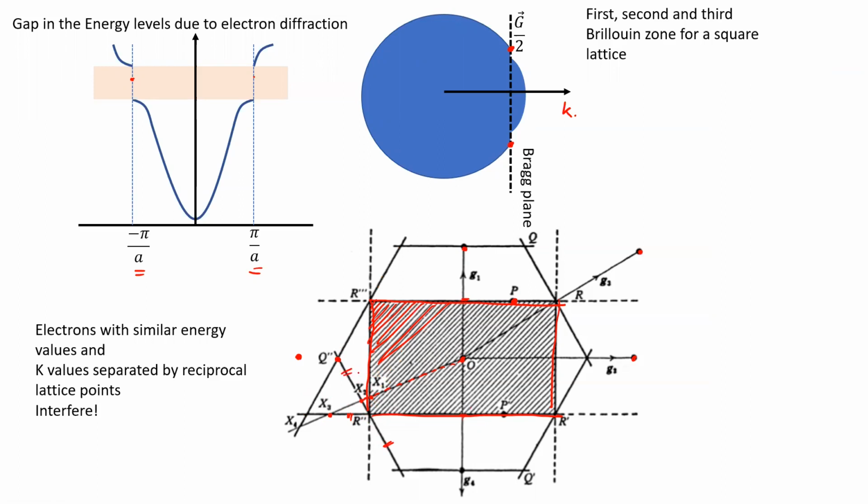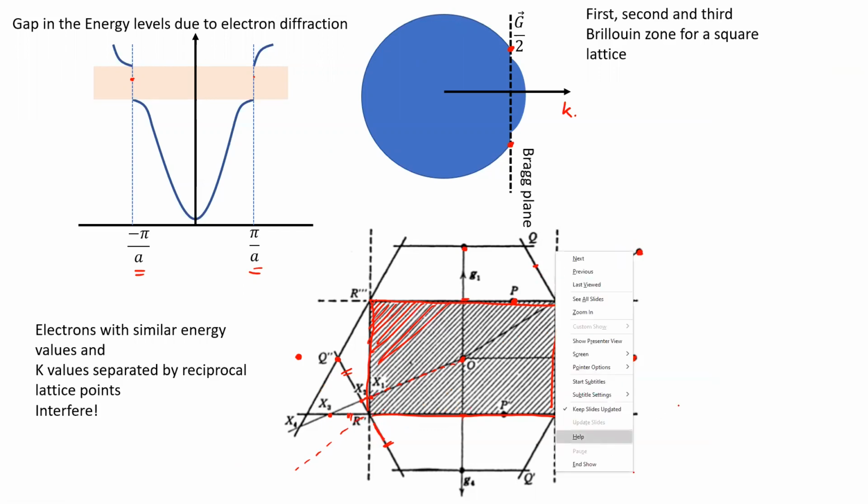But this plane is introduced because this is the Bragg plane of the second nearest neighbor, right? So this line, as we draw here, becomes the perpendicular bisector for an atom here. Similarly, this one is a perpendicular bisector for an atom here, and this one for an atom here.